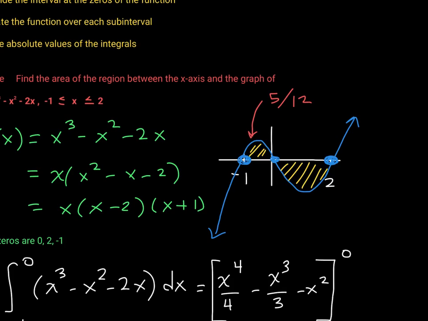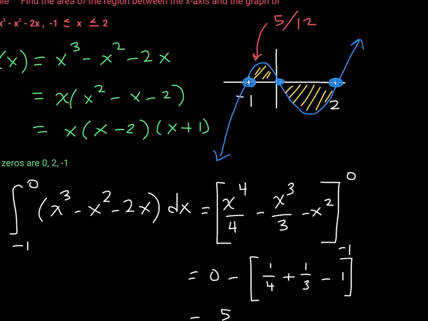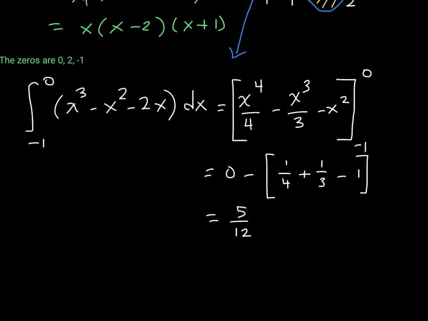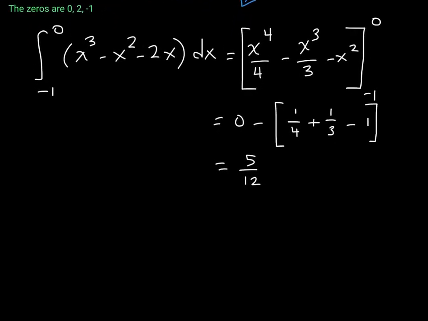Now let's go for the second. We're going to go from 0 to 2. The integral is going to give us something negative because this region lies below the x-axis, but we know we're going to take the absolute value of this amount, because we're talking about area. So now we're going from 0 to 2 of our function.